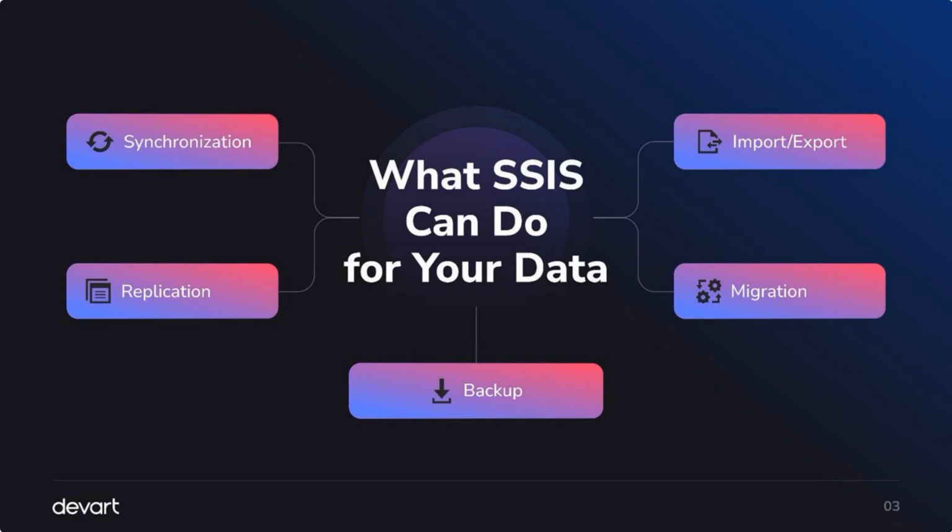SSIS ensures real-time or scheduled synchronization for data across multiple systems, and it supports data replication for availability and disaster recovery. Finally, SSIS automates regular backups to protect critical data from loss or corruption. With all these features, it makes managing your data so much easier, cutting down on manual tasks and keeping everything consistent and secure.